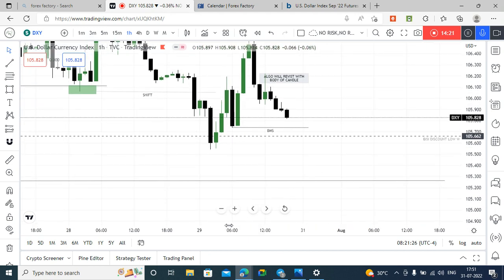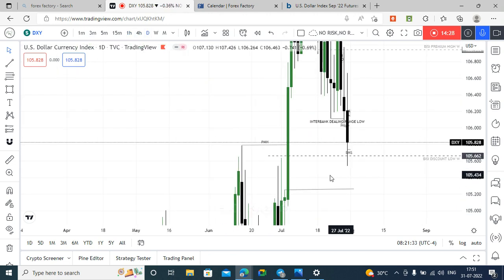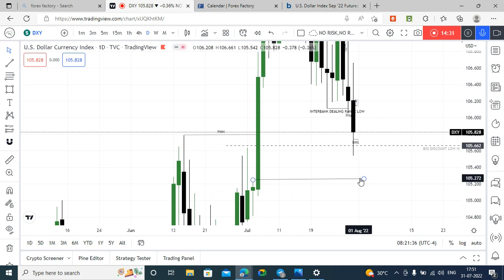Okay, and our target, our next draw on liquidity, is the daily buy side imbalance, sell side inefficiency, discount low, this low.